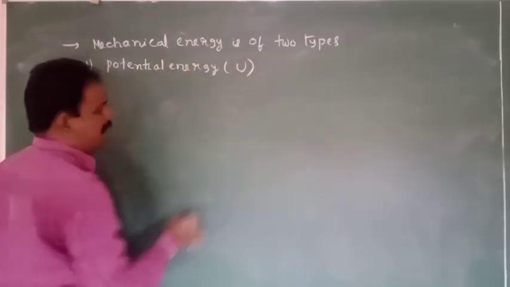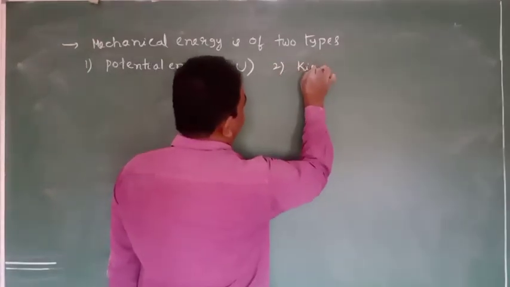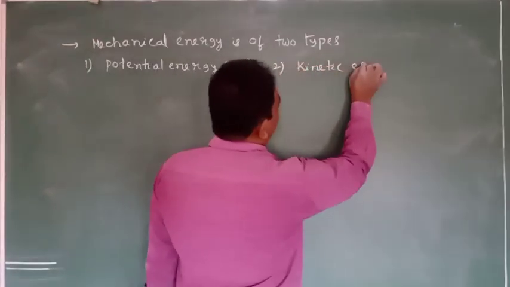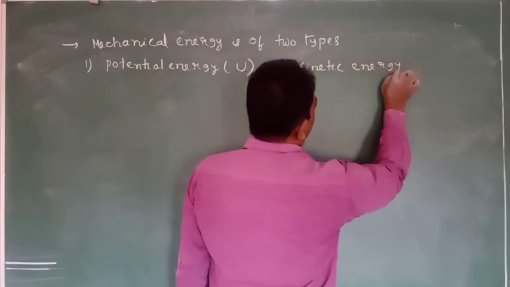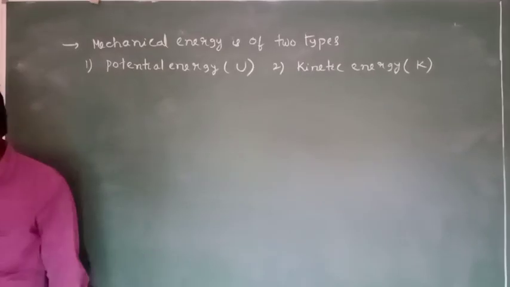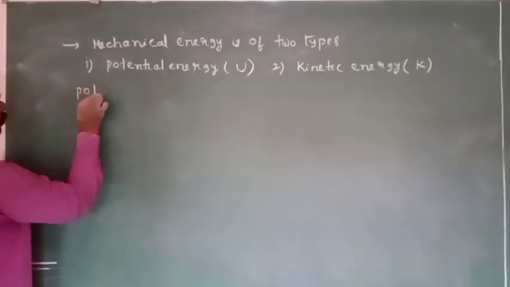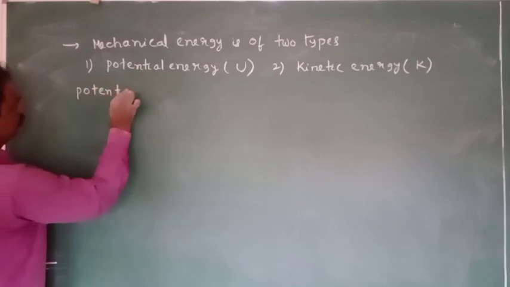It is indicated by the letter U. Second will be kinetic energy. It is indicated by the letter K. How will we define these two? Let us see. First of all, potential energy.